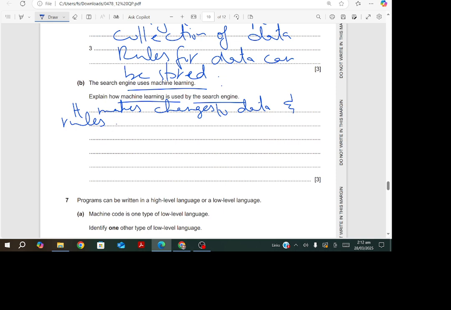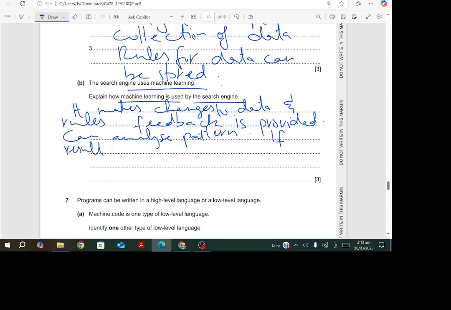Yes, feedback is provided, and it can analyze patterns. If the result of a particular search is not considered accurate, then the next time the result is changed, you can say.